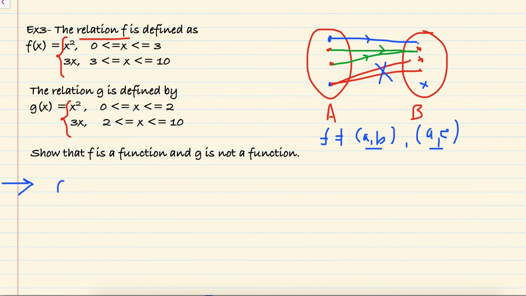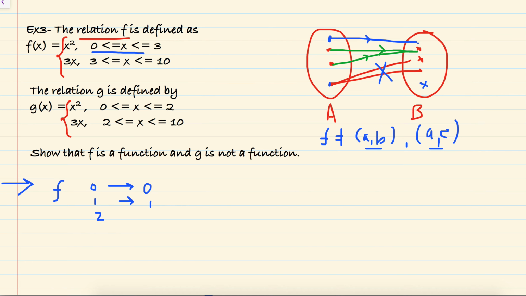So for f, if x is 0, this will be 0. So for 0 we get 0. If x is 1, we get 1. If x is 2, x lies in this range, so it will be defined.